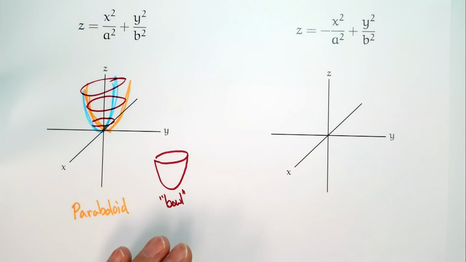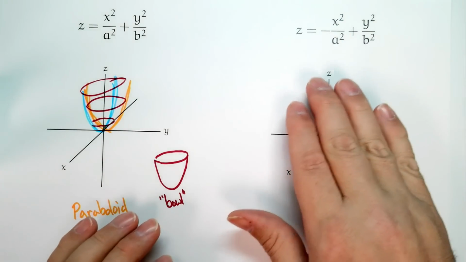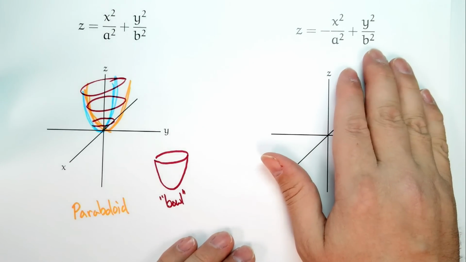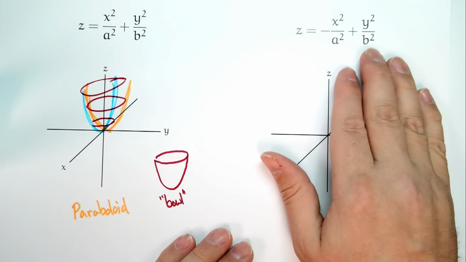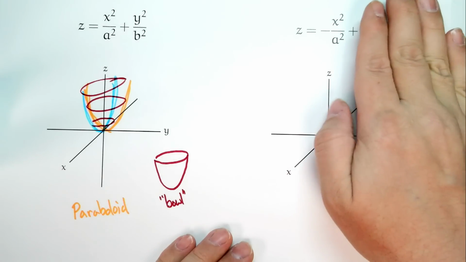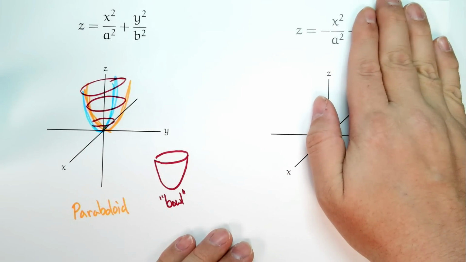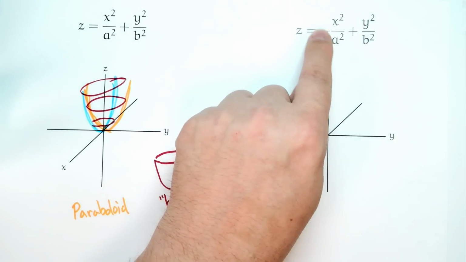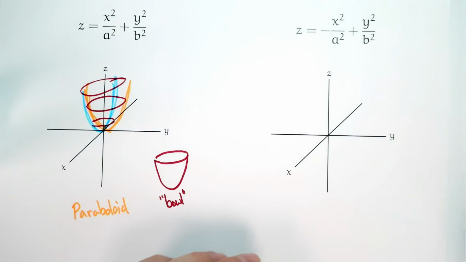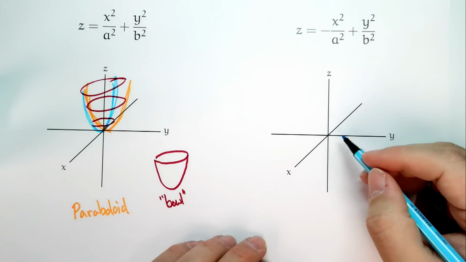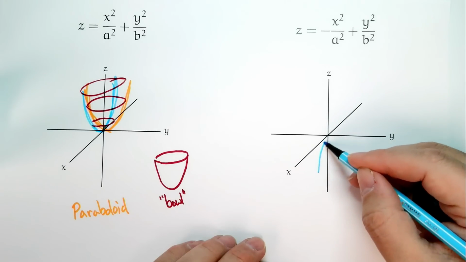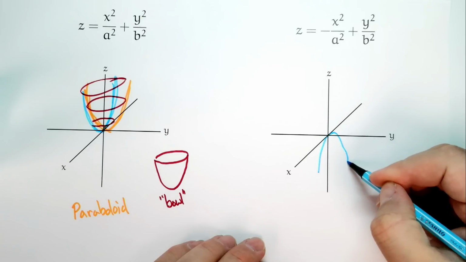Well, what else do we have? z equals negative x squared over a squared plus y squared over b squared. And now, what is this? Well, if I cover this up, it's still a parabola, but the negative has an effect. The effect of the negative says that in the xz plane, I'm going to have a parabola that goes down.